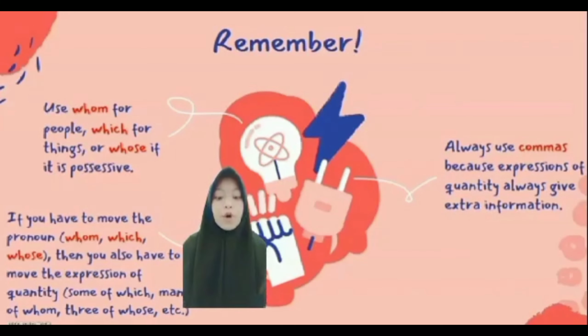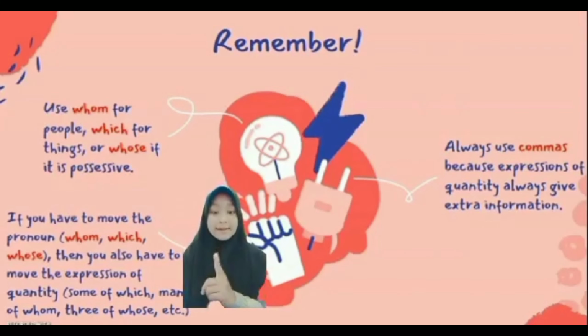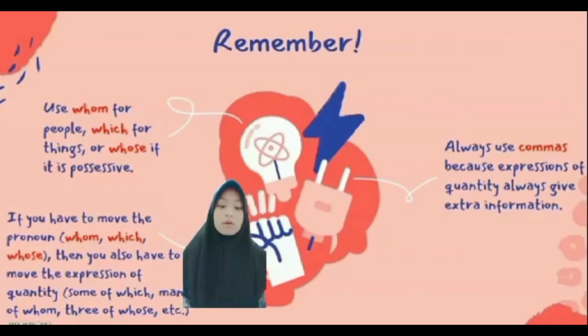You cannot just move whom or which to the front. It is going to be some of which, many of whom, few of whose, etc. You cannot say "which some of" or "whom many of," because it is not common. And the last one: always use commas with expressions of quantity, because expressions of quantity always give extra information. So you need commas in adjective clauses.